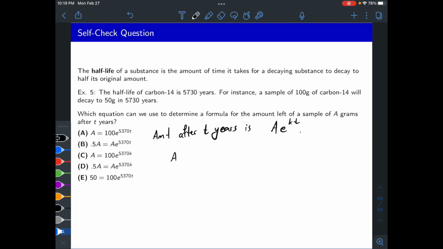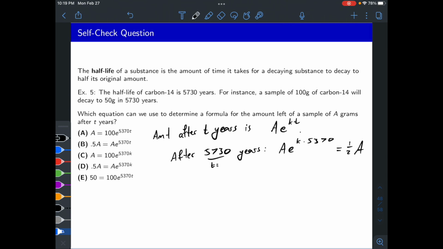After 5,730 years, we get A e to the k times 5,730, this is our t value. And after 5,730 years, that should take us to half of our original amount. Half of our original amount is just half of A, or 0.5A.